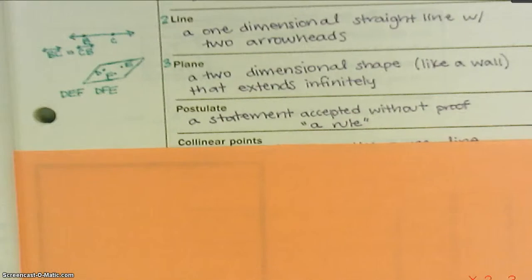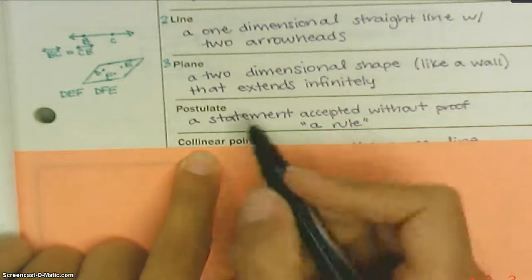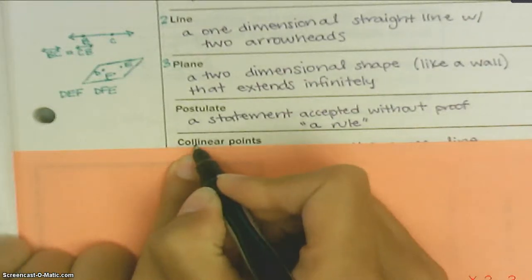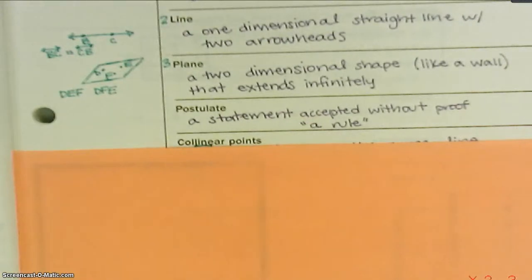Collinear points. When you see this word, I want you to break it down. So you might have noticed inside of this, I see the word line. All right, so it's probably going to have something to do with a line. And co. We think of other co-words. We've got co-pilot, co-captain, co-worker. And co always means together. If you're a co-pilot, you're a pilot together with somebody else.